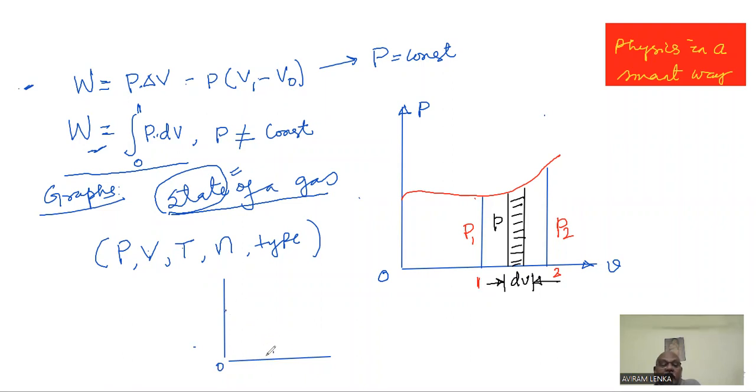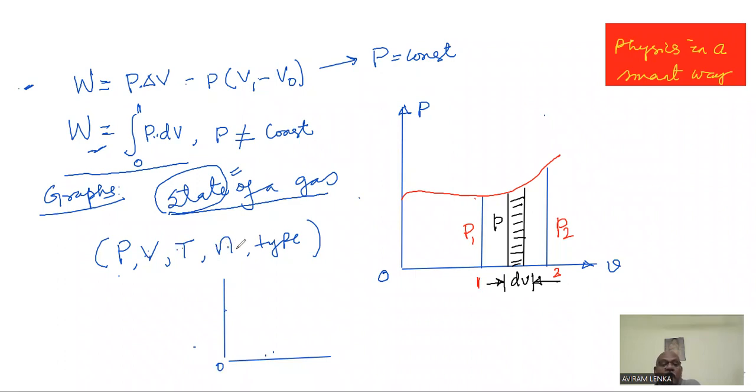If the graph is to use three variables, then you have to go for a computer simulation and a three-dimensional graph and all those things. That we cannot do on a two-dimensional scale. But there are so many parameters here: pressure, volume, temperature, type of the gas, and number of moles.